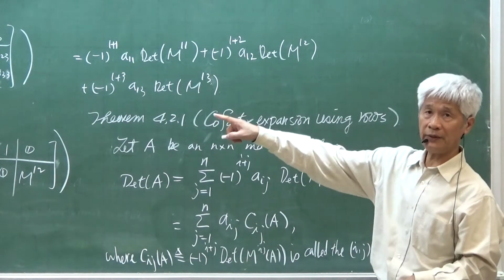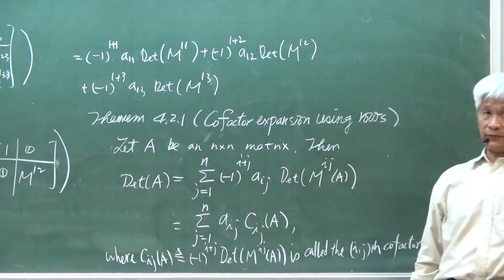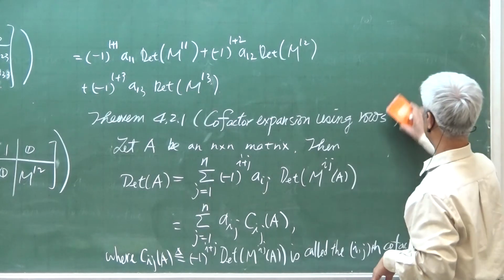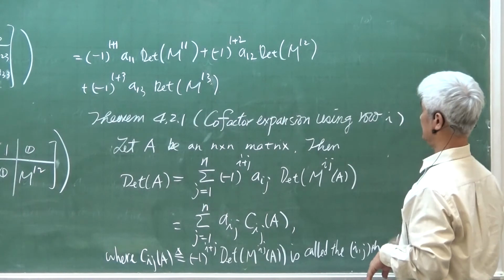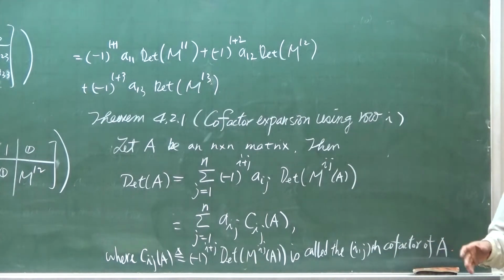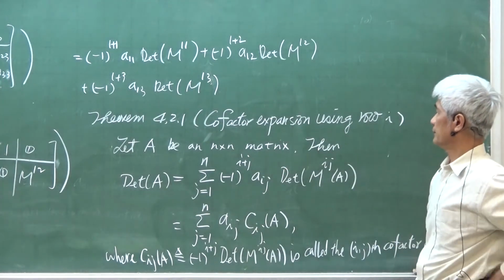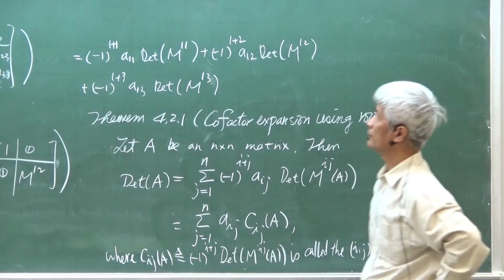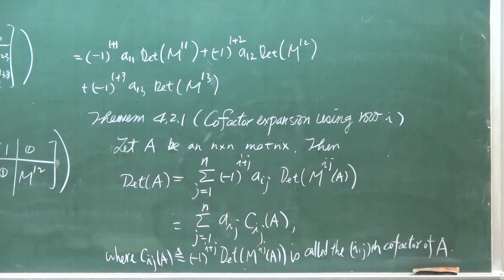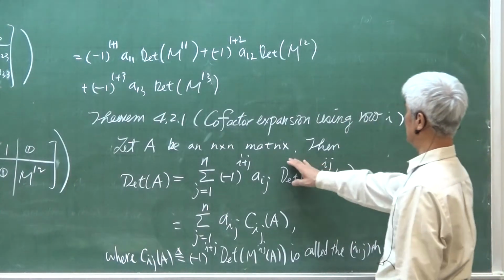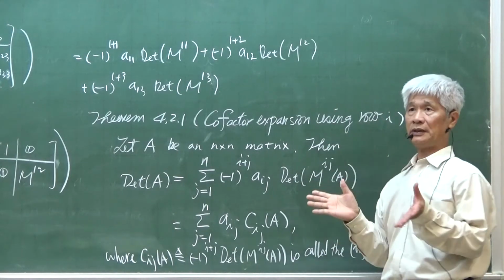Alright, so compare with that. This is a generalized formula. Let me be more specific: i can be any row. So this is just cofactor expansion using row i. Here we have the cofactor expansion using the first row, but in general we have an expansion formula using an arbitrary row, any row.